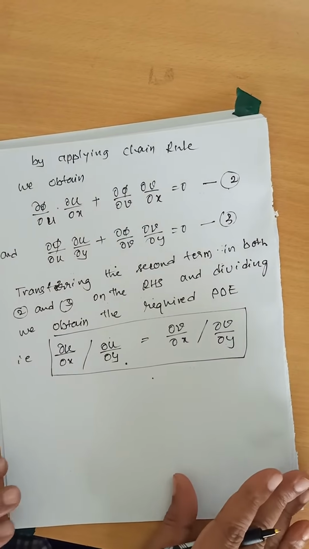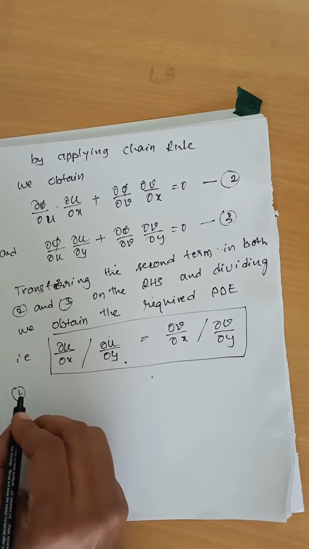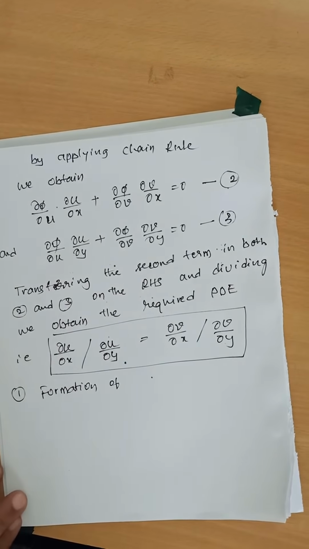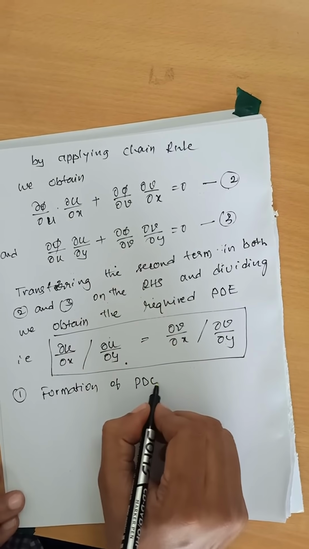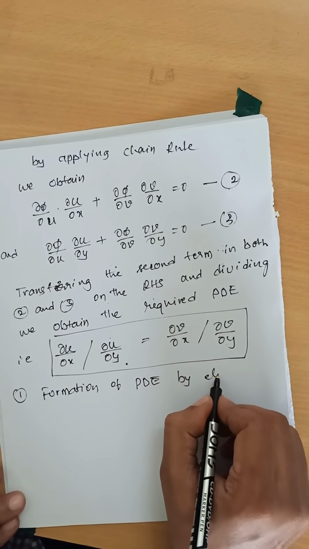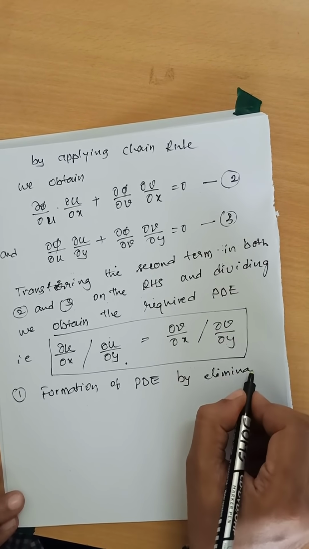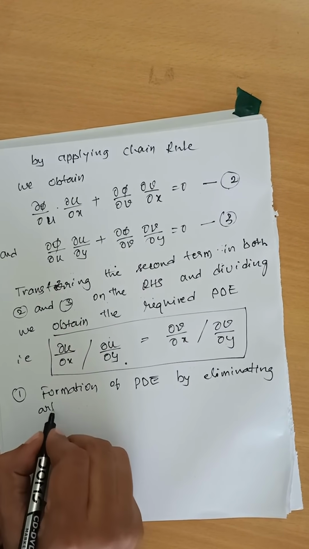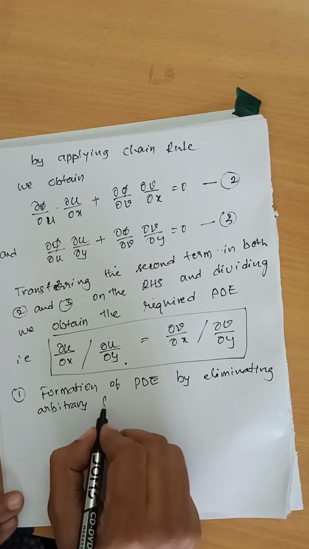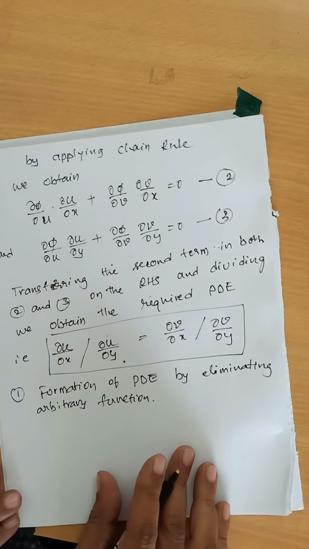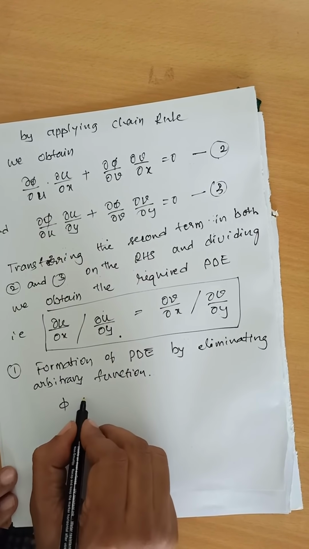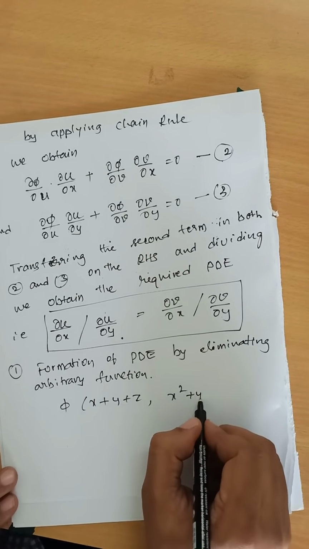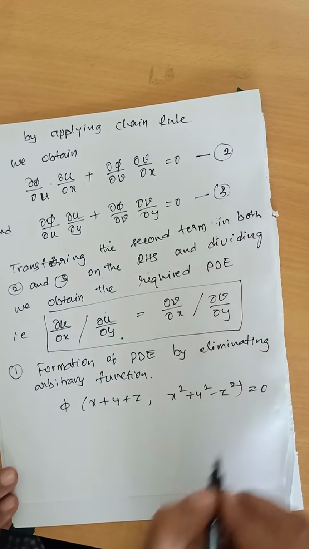Problems. Formation of PDE by eliminating the arbitrary function φ of (x plus y plus z, x square plus y square minus z square) equal to 0.